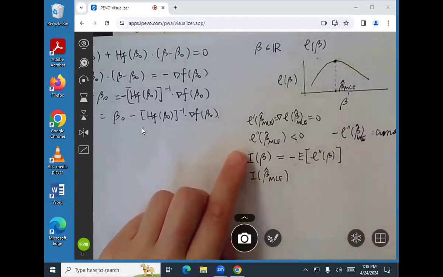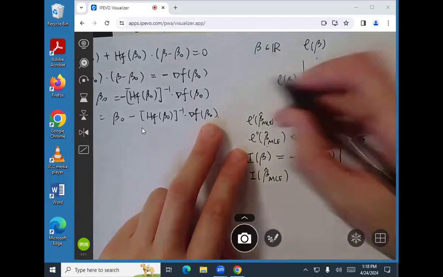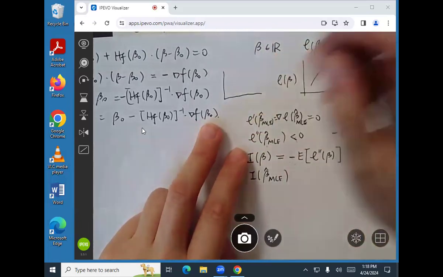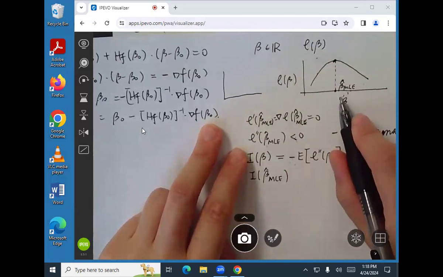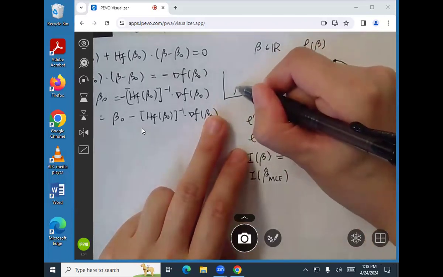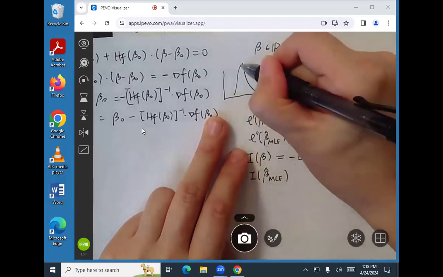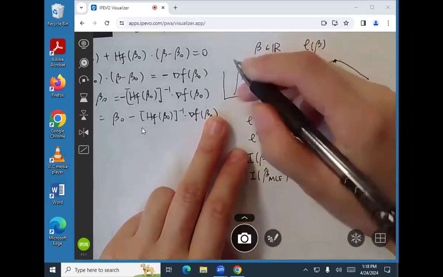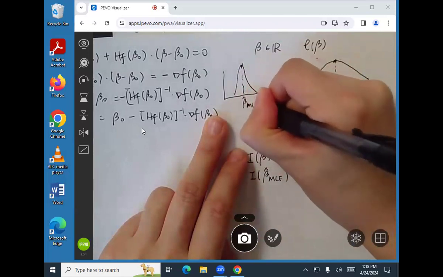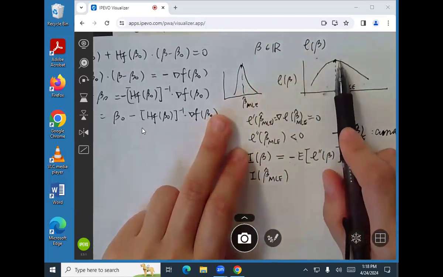So I can share with you another kind of plot. Let me just draw another one. Suppose that is also the log likelihood, but it looks like this. We have a very narrow sharp peak, and this is where the beta hat MLE is. So let me ask you one question.